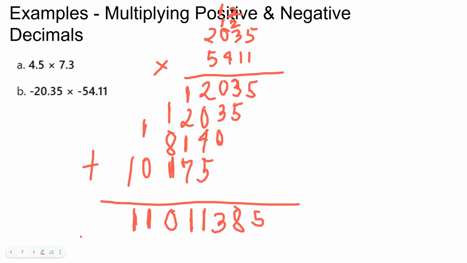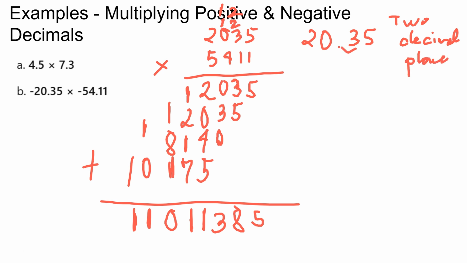I will disregard the sign again. So we have 20.35. Here we have two decimal places, because one, two.